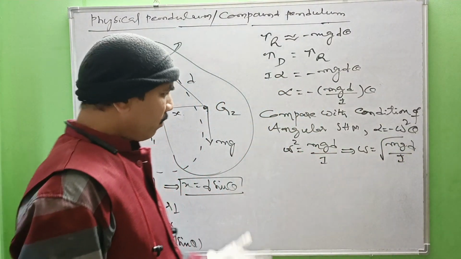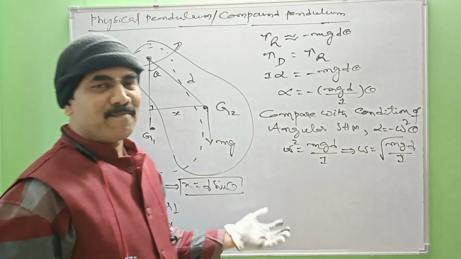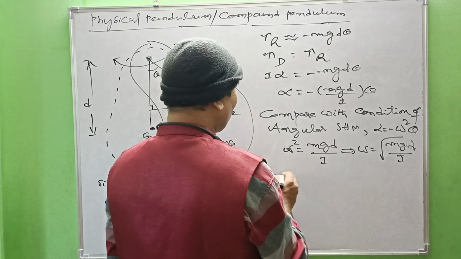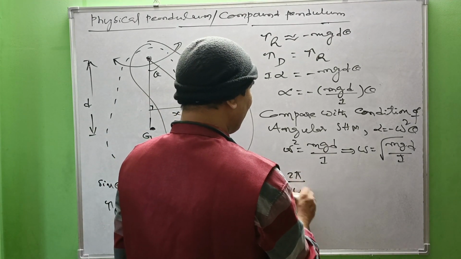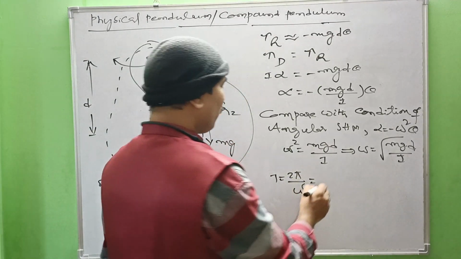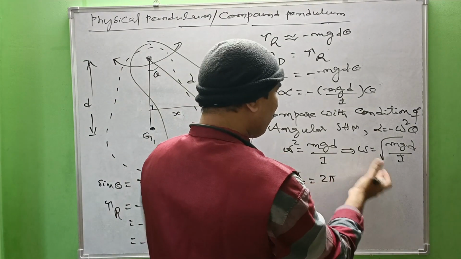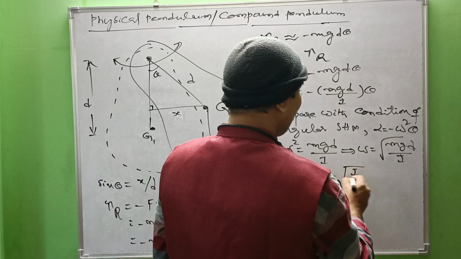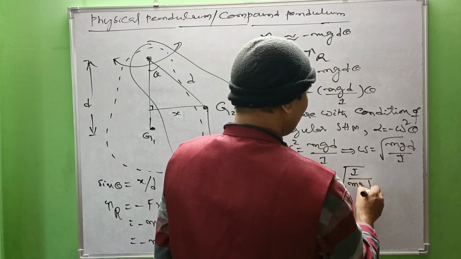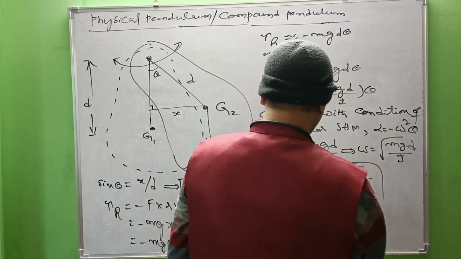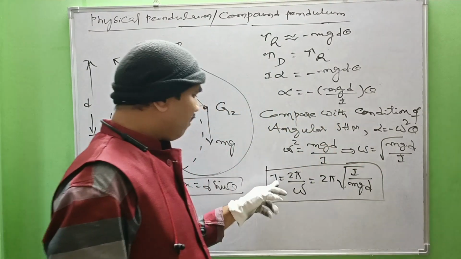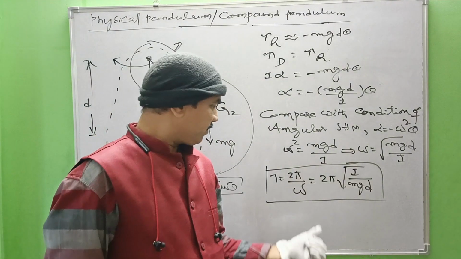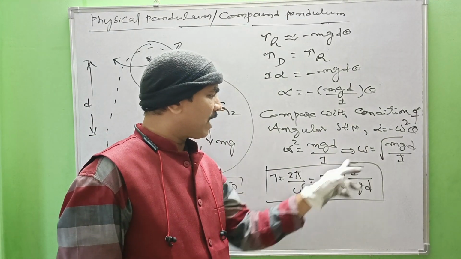Right? Now, what is the expression for time period in terms of omega? Time period T equals 2 pi by omega. That is 2 pi into 1 by omega. Taking the reciprocal, that is I by mgd. So this is the expression for period of oscillation of a compound pendulum, otherwise a physical pendulum: T equals 2 pi into root over I by mgd.